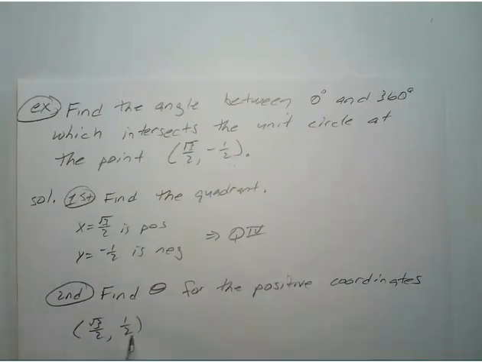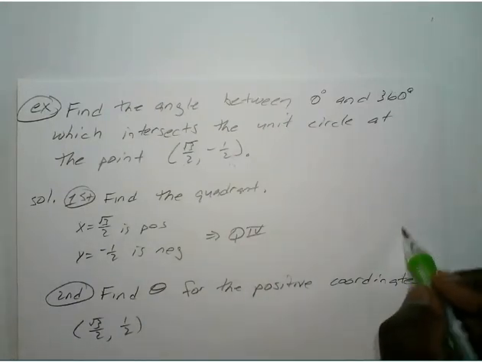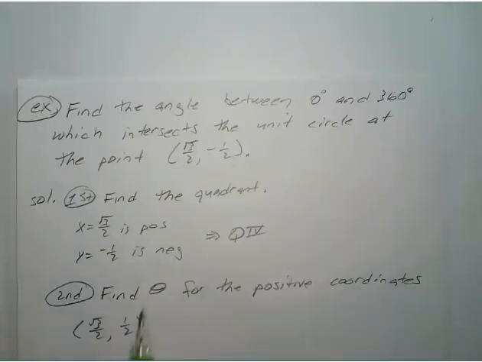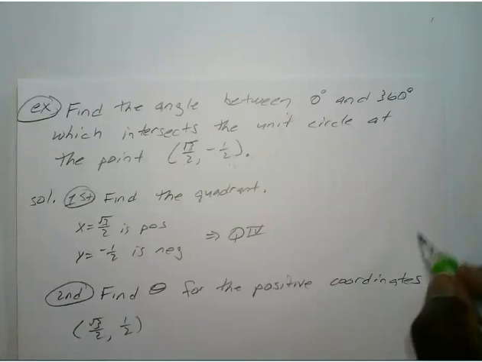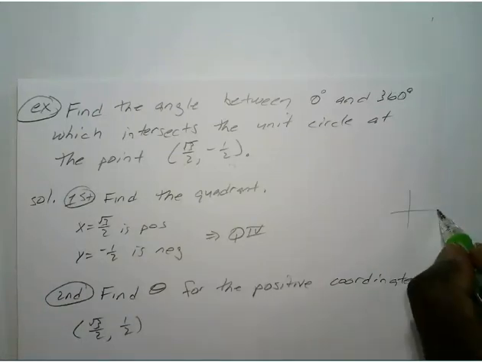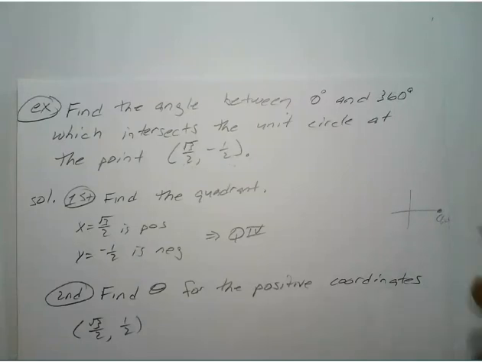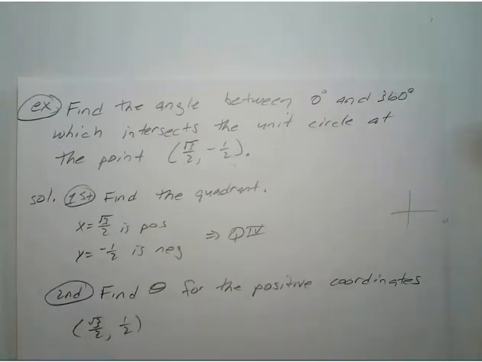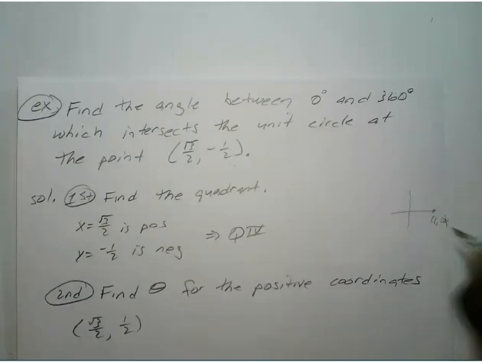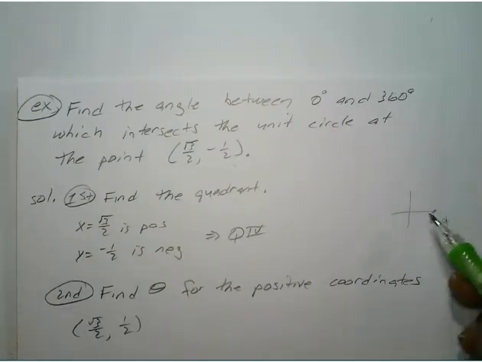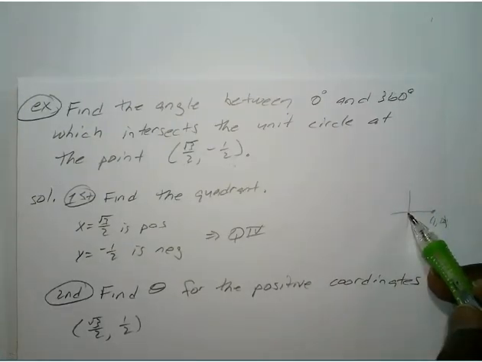Remember, if you're going up the angle, you have your point 1, 0. You kind of visualize it. So remember, you have your 30, 60, 90 degrees.